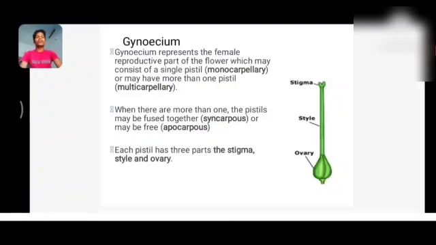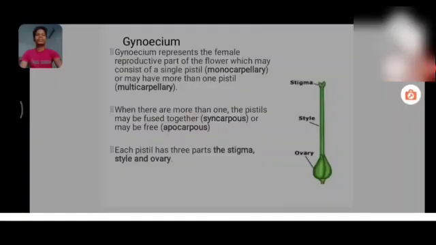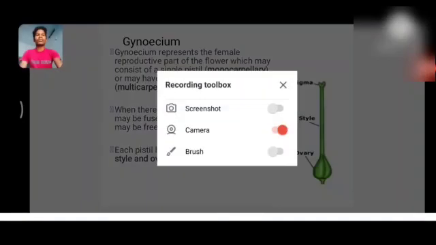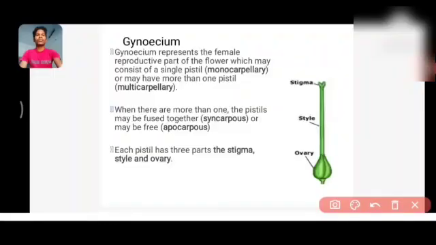Okay, here we are seeing the stigma, style, and ovary. This is the stigma, style, and ovary. What is the stigma?